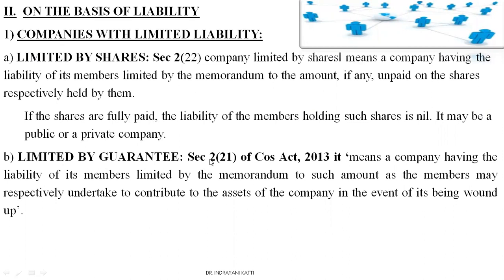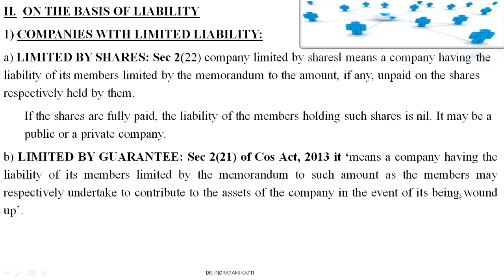Section 2, subsection 21 of the Companies Act 2013 explains it. What is this? It means a company having a liability of its members limited by the memorandum to such an amount as the members may respectively undertake to contribute to the assets of the company in the event of its being wound up.